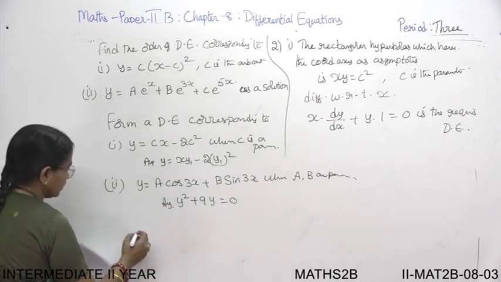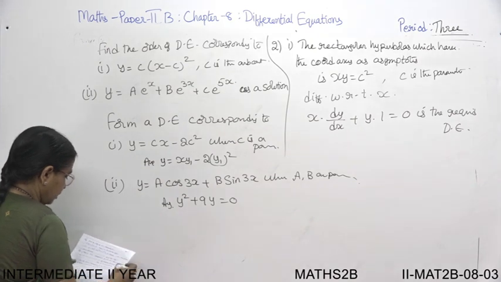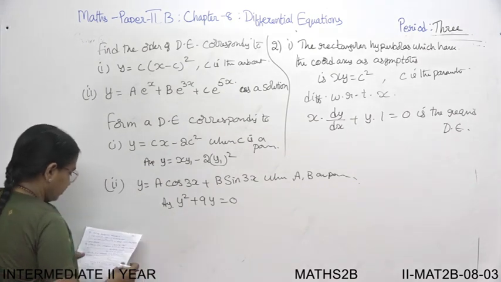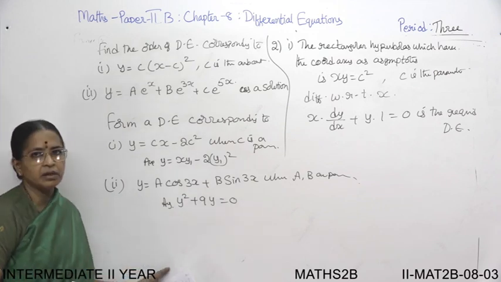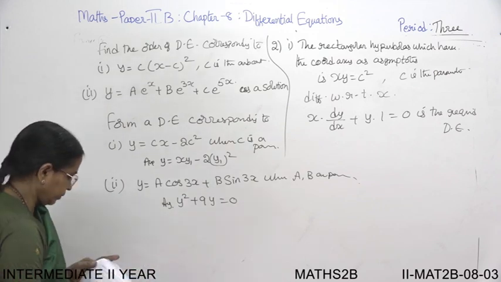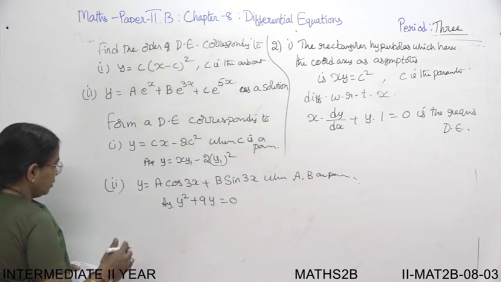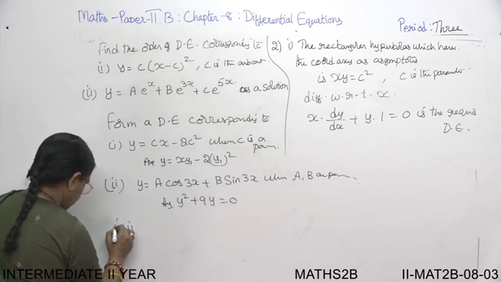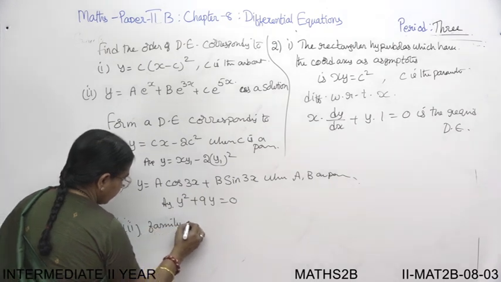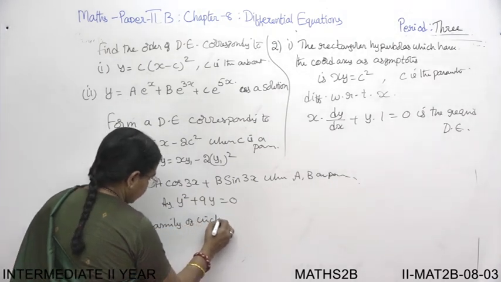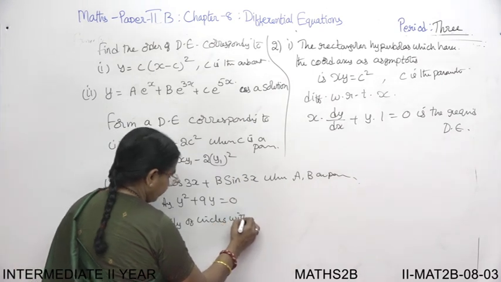Third and fourth examples are also there. x minus a whole square plus y minus b whole square is equal to r square. That problem also you can try. So you have the family of circles with radius r.